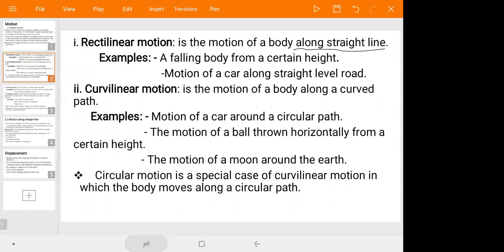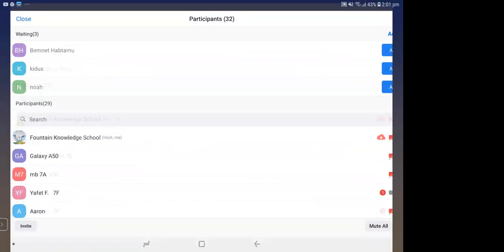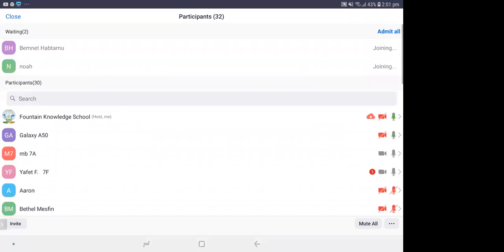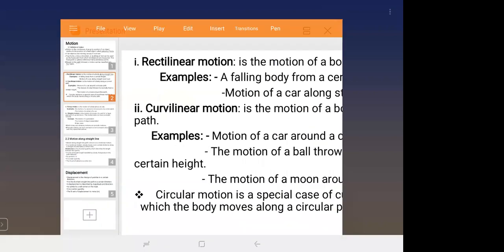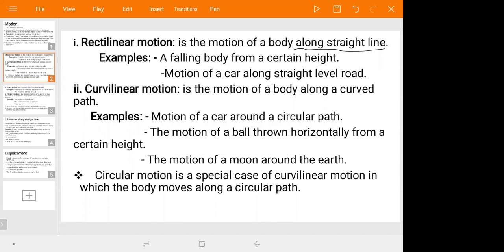Simply, rectilinear motion is a motion of a body along a straight line or along a straight road.